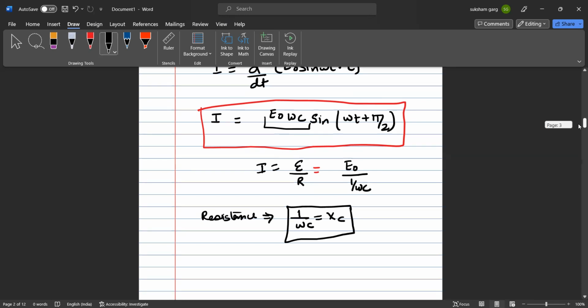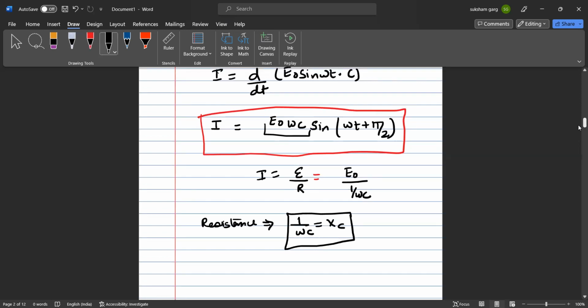Okay, so now we have passed the AC current through three devices: one resistor, one capacitor, and one inductor. Also, we have noticed that in this case, current leads the voltage by a phase angle of pi by 2. So in case of an inductor, the current lags.